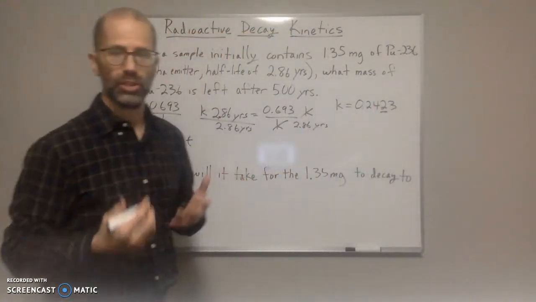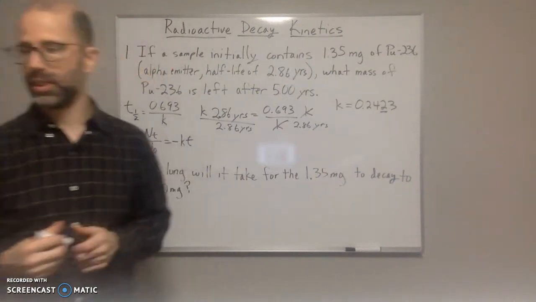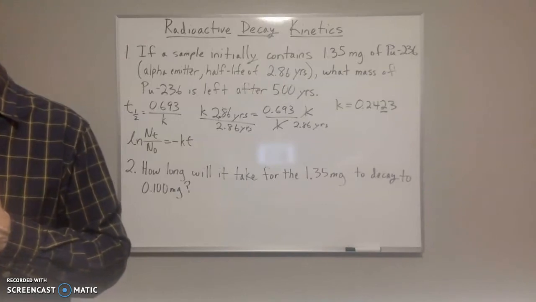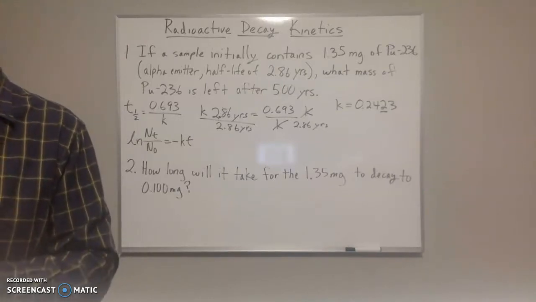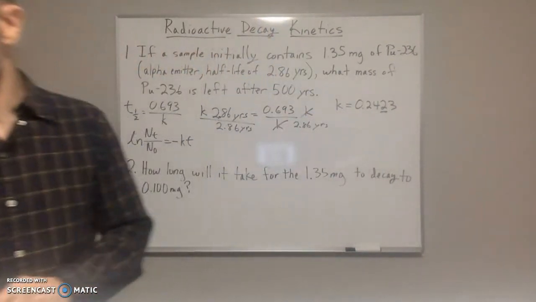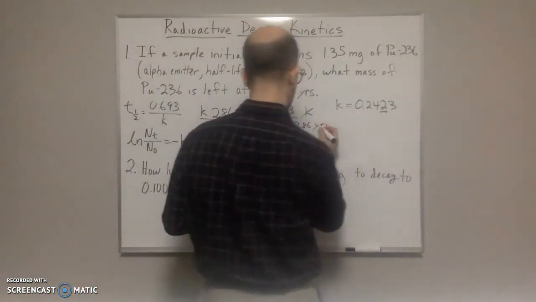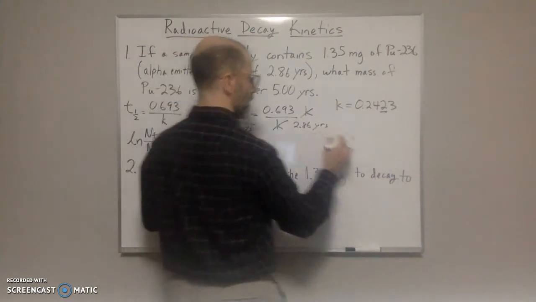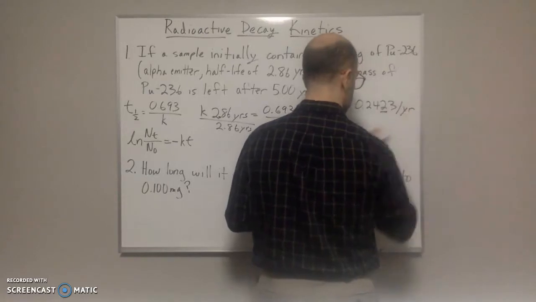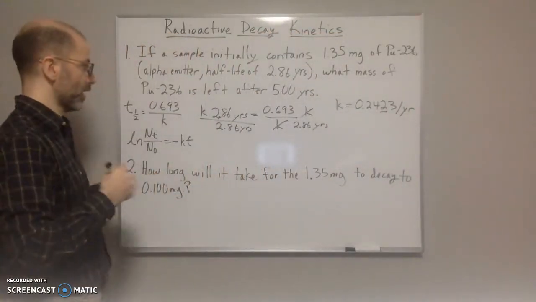We're keeping an extra digit to avoid rounding errors. Okay, now that we have k, let me double check the units. This is per year, since we have years on the bottom.